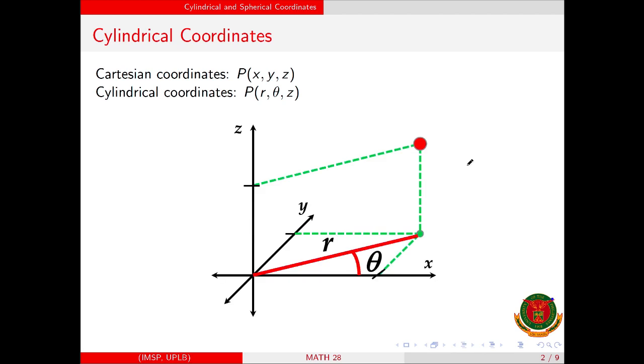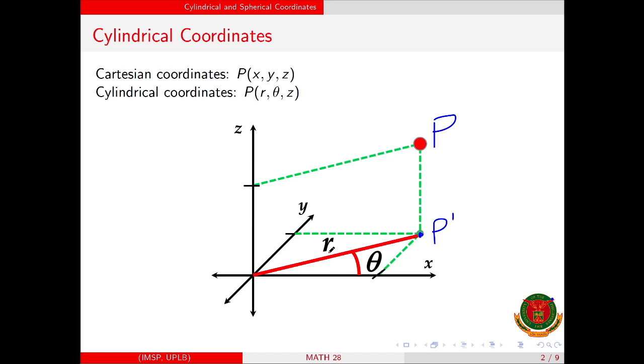Let us have a recall. Suppose this is our point P with Cartesian coordinates x, y, and z. Now, if we draw a line parallel to the z-axis, passing through this point, and we get the intersection of that line with the xy plane, let's say we denote this by P prime. The distance of P prime from the origin is r.